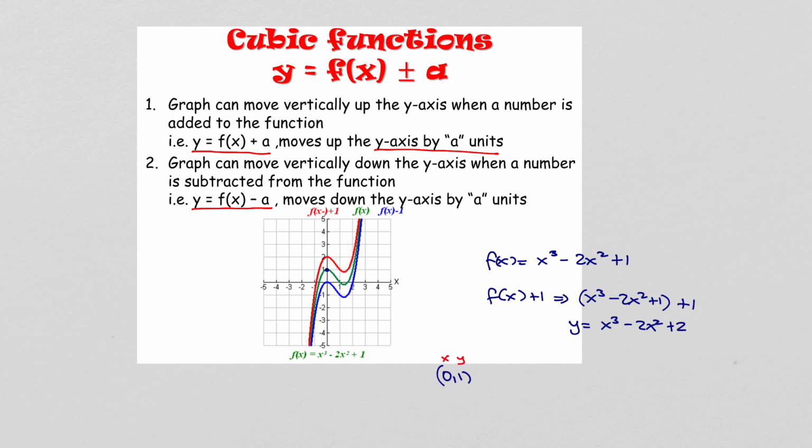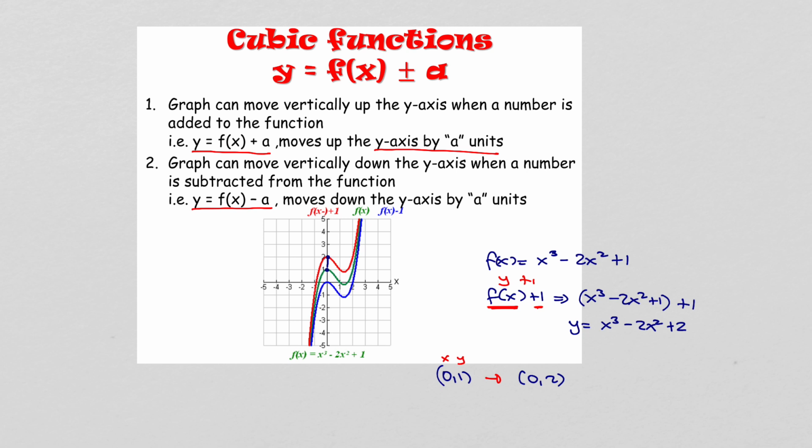What I'm actually doing here is taking all of my output values, in other words all of the y values, and adding 1 to it. So therefore, the point 0, 1 would be mapped onto the point 0, 2. So in other words, it would move up 1 unit on the y-axis.